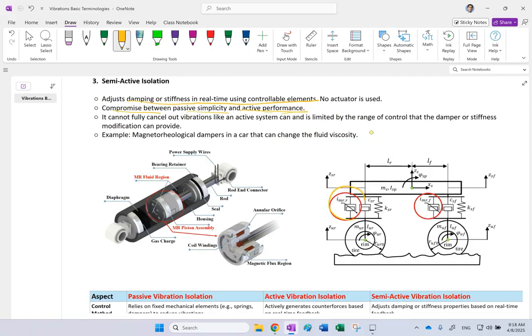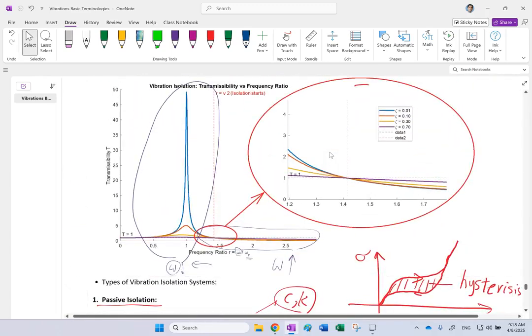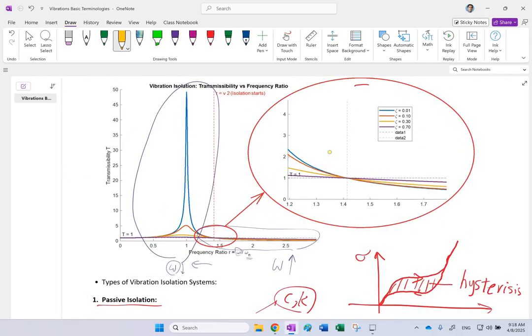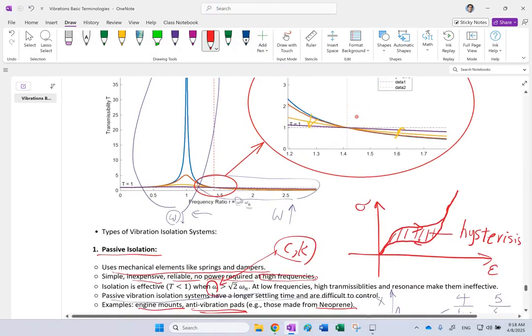Here, what you can do is, as I said, you change the damping value or the spring value, most of the time just the damping, and I'll tell you why, to basically switch between these curves. So you can switch between these curves by changing K or C.